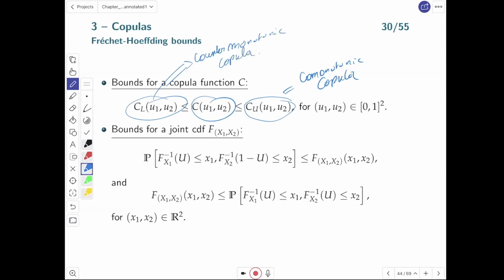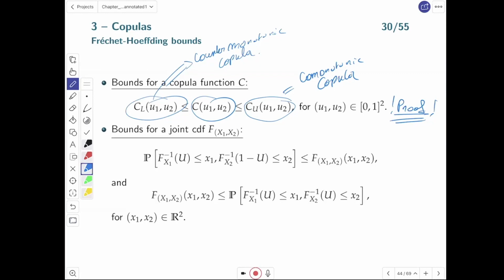And I advise you to try to do the proof, and maybe I will add an exercise to prove this result.